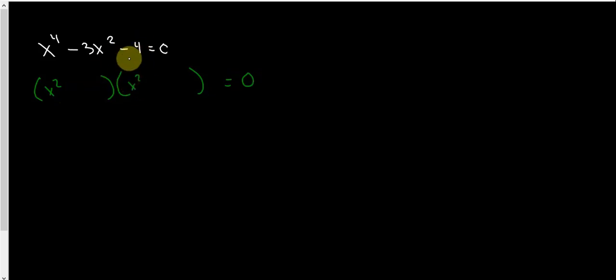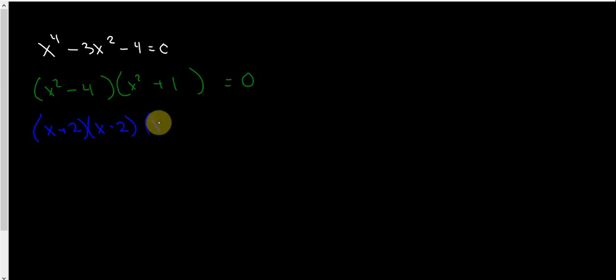So numbers that multiply to -4 and add to -3. Oh, that'd be -4 and a +1. Nice. Oh, wait, this one factors some more. I can factor a perfect square minus a perfect square. So that'd be x plus 2 and x minus 2.